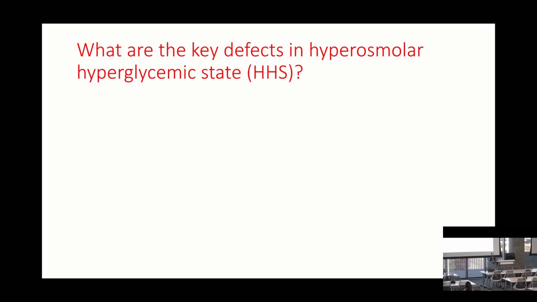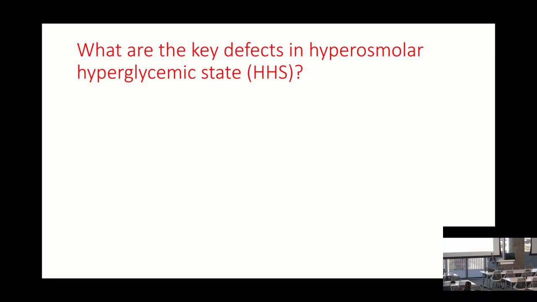What's happening in HHS? You're in a hyperglycemic state, so you're going to have increased osmotic diuresis and also be dehydrated, similar to diabetic ketoacidosis, but there won't be any ketones.